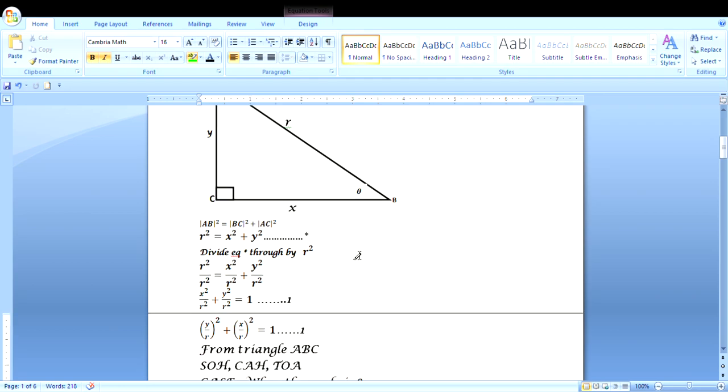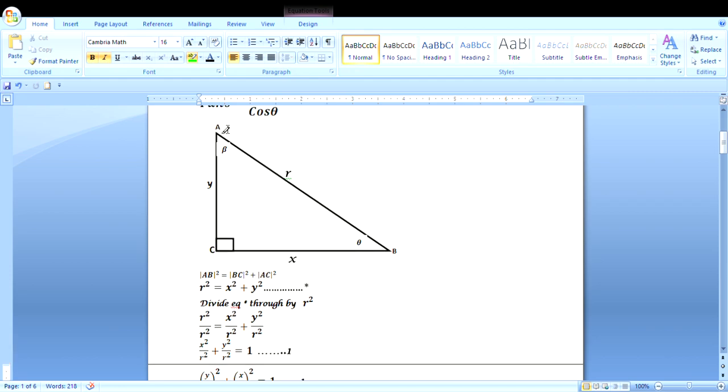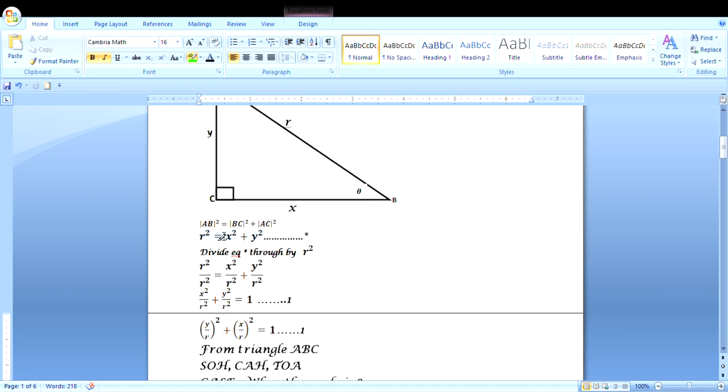Now let's establish the Pythagoras theorem here. We specify that the square of this length AB is equal to the sum of the square of AC plus BC. R square is equal to X square plus Y square. Now let's divide equation 1 through by R square.